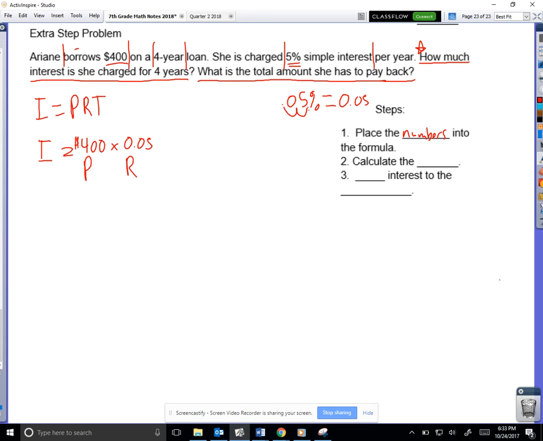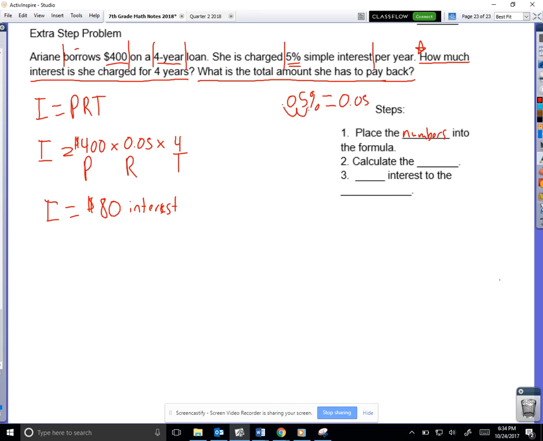There's our rate, times the time, and the time here is going to be 4 years. It's a 4-year loan. We're going to multiply those three numbers together. When we multiply those, it comes out to $80 in interest.